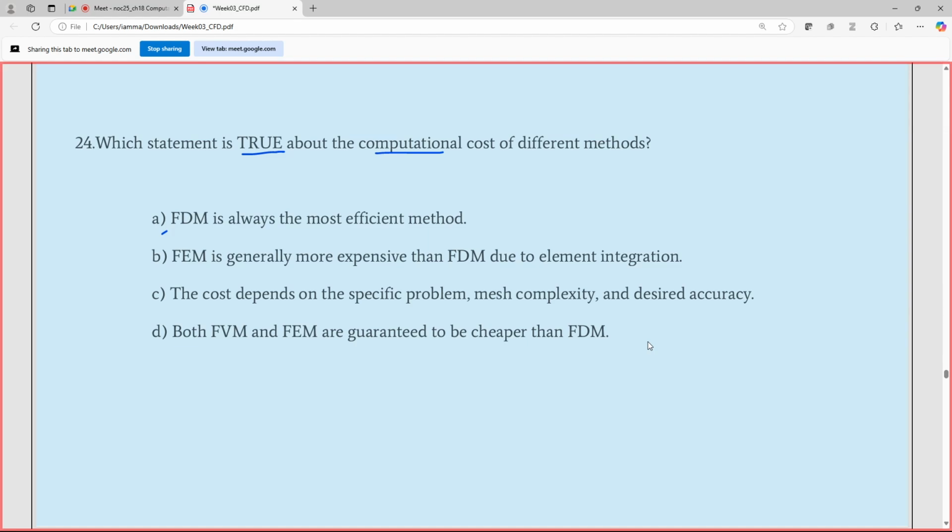So, which among the following statements are true with respect to the computational cost?